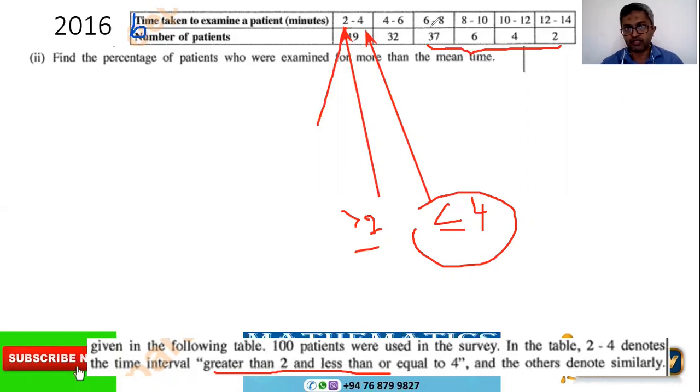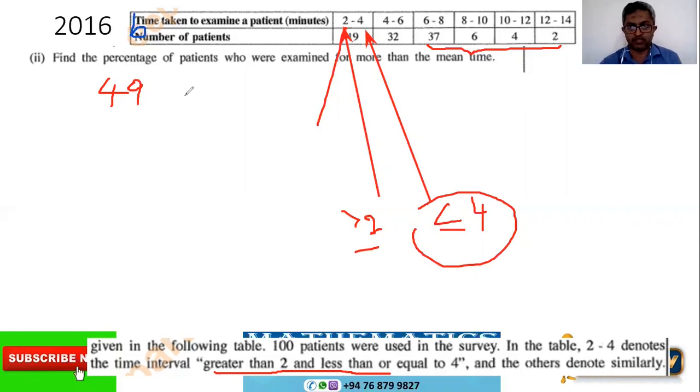So more than 6 means we add 37 plus 6, which is 43, plus the rest, and 49 people are there who were examined for more than 6 minutes.